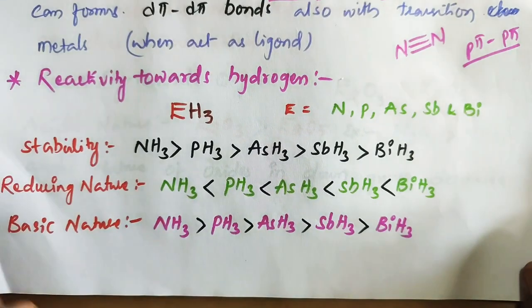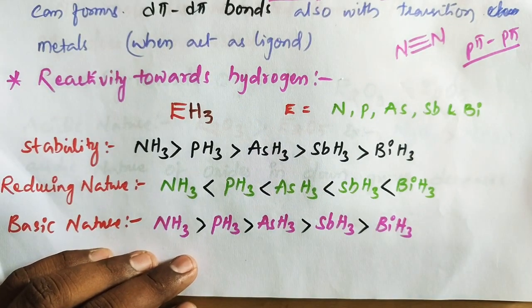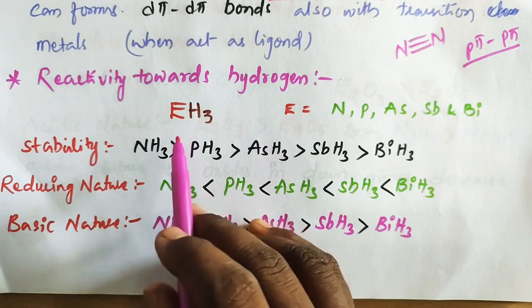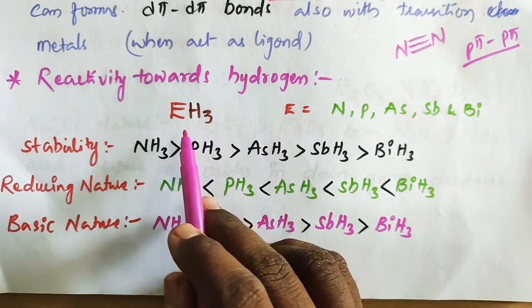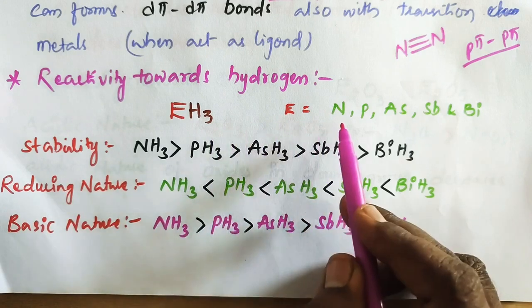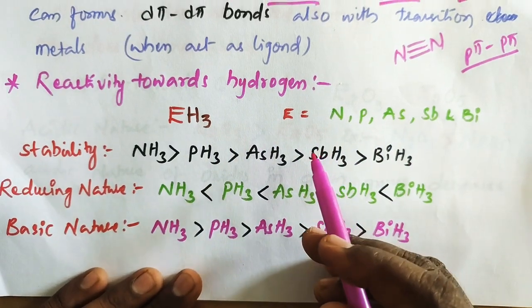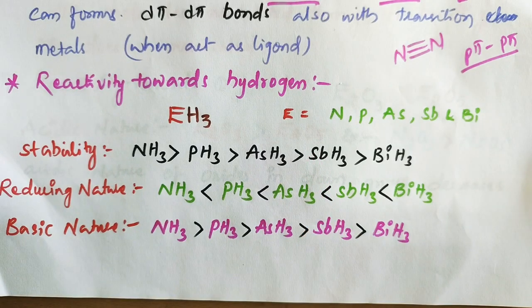Reactivity towards hydrogen. All the 15th group elements form hydrides of the EH3 type, where E means nitrogen, phosphorus, arsenic, antimony, or bismuth, like NH3, PH3, AsH3, SbH3, BiH3.